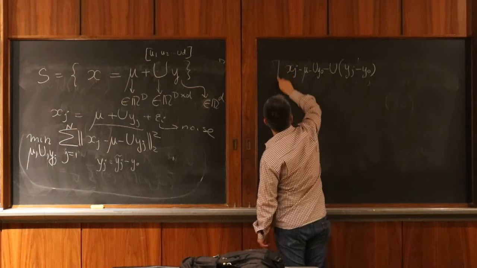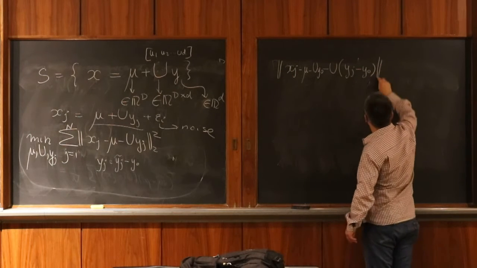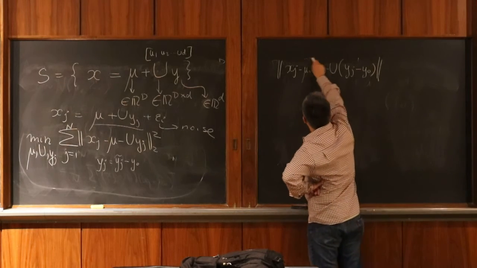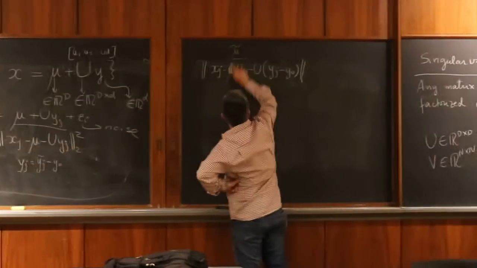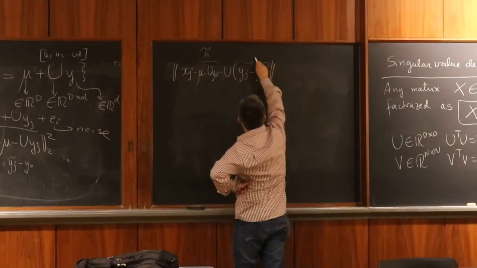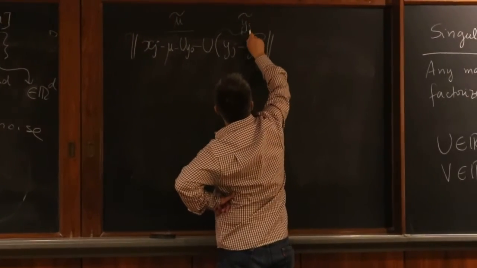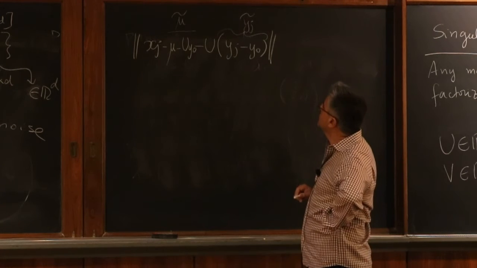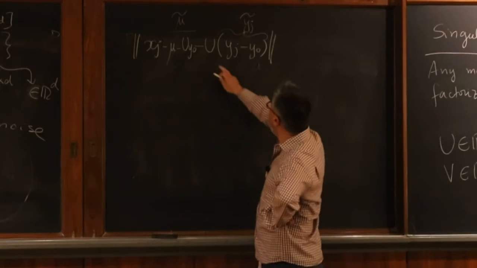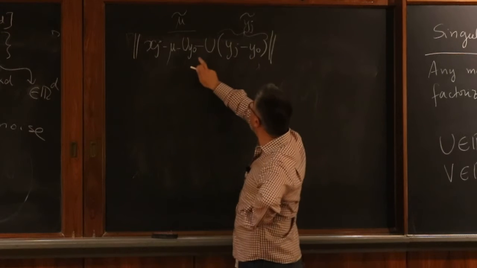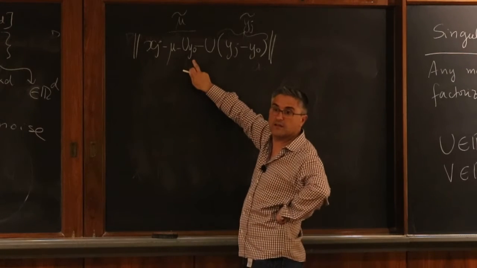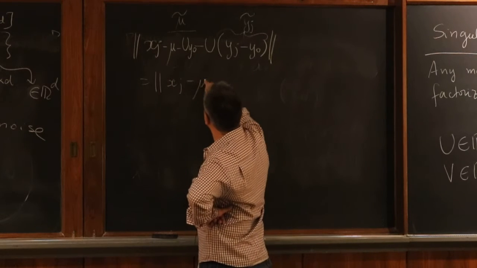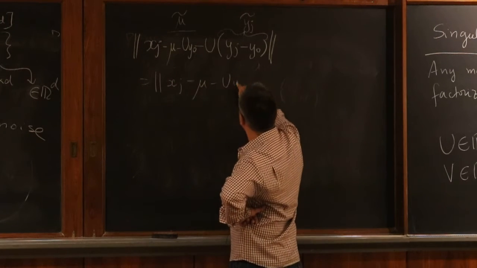Okay, that's what I'm trying to say. What about this thing? That's a new mu. Let me call this mu tilde. And that's a new y. Let me call it y tilde. Right? You can see that if you just spell this out, that times that will cancel with this, right? So this is the same thing as xj minus mu minus u yj.